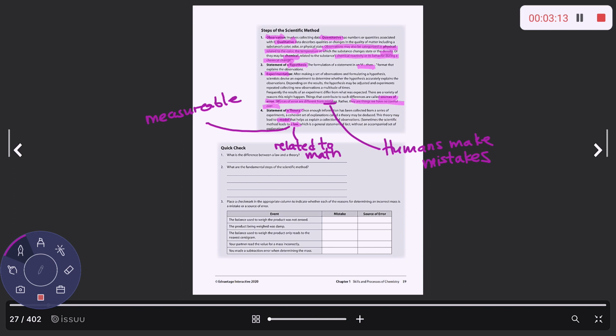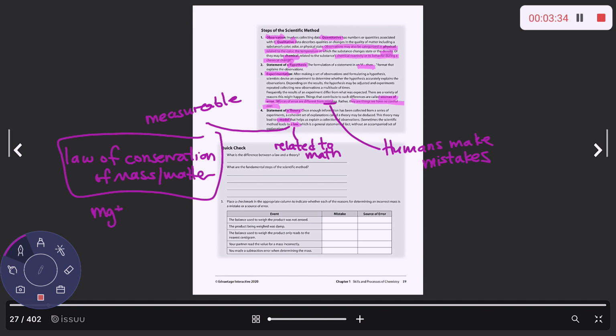Okay, so let me give you an example. The law of conservation of mass, which is sometimes called the law of conservation of matter. This basically says that when I have a chemical reaction happening, let's say I have magnesium reacting with chlorine to produce magnesium chloride. Whatever mass of reactants I have, let's say I have a gram of magnesium and a gram of chlorine, okay?